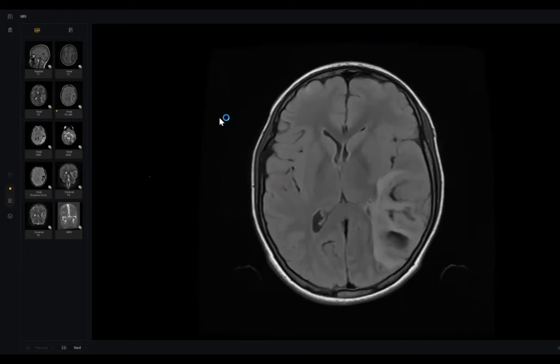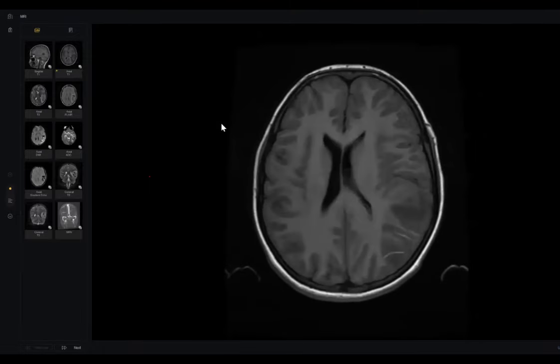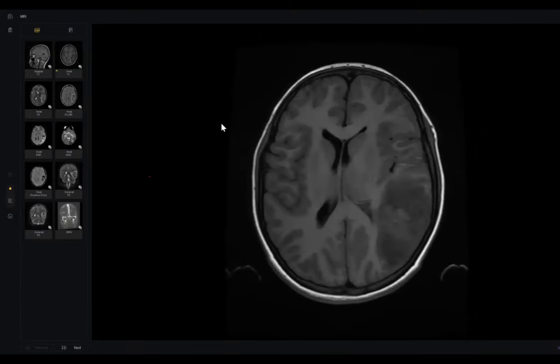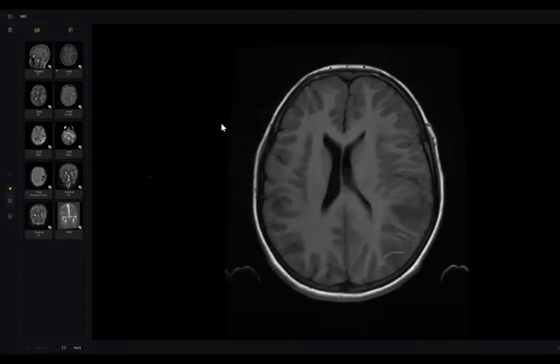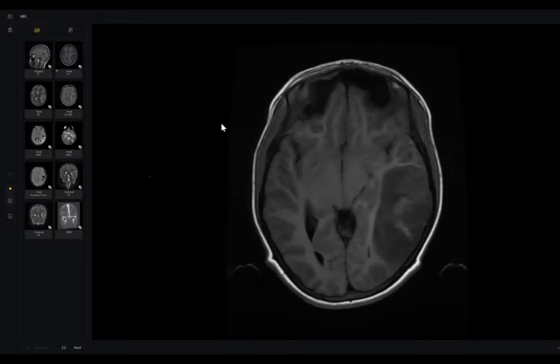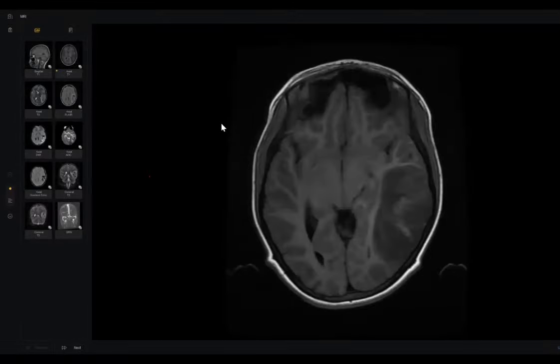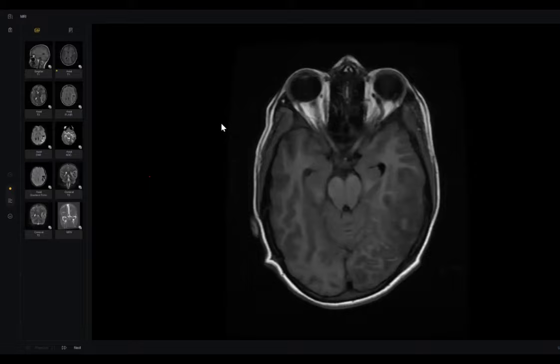In case of DNET, we see a rim of high signal intensity, and that's the reason I was interested to look at the T2 and FLAIR images again, to see if there is any. There are some areas of high signal intensity in it as well.